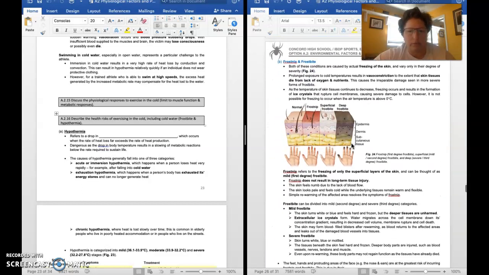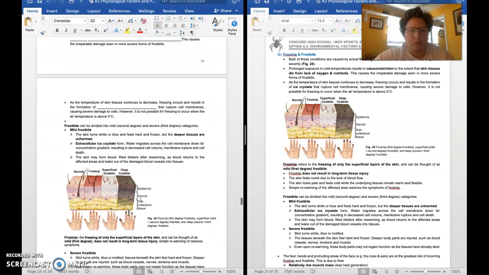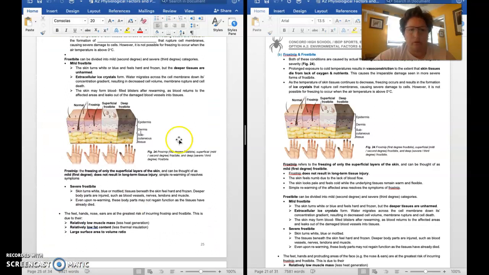Frostbite and frost nip. These are two different things that can also happen in the cold. Okay, both of these are freezing of the skin, and the difference in name has to do with how much damage is done.